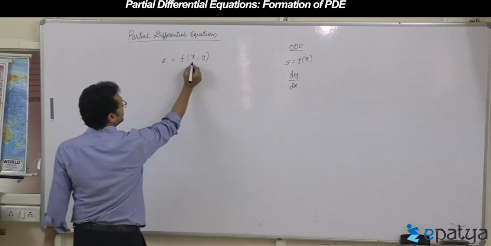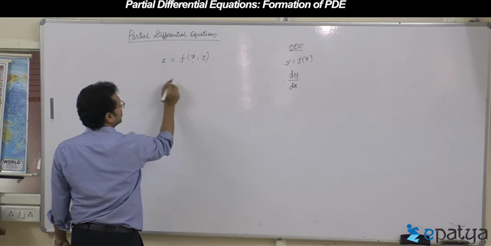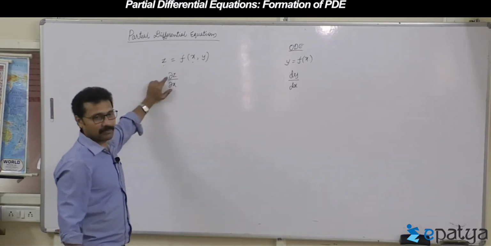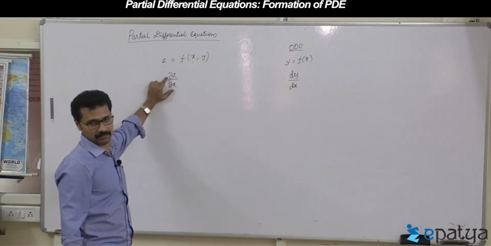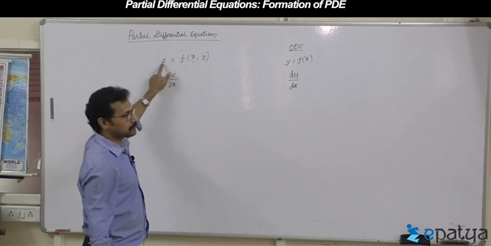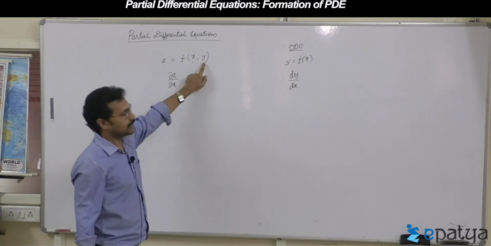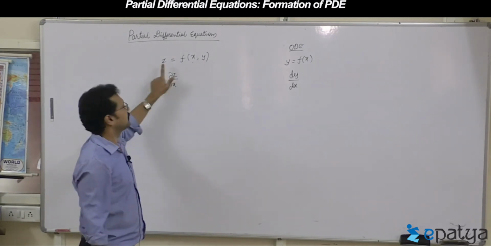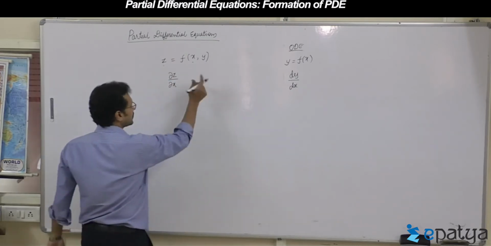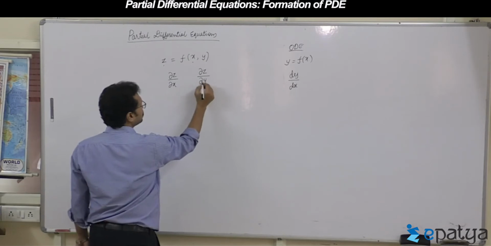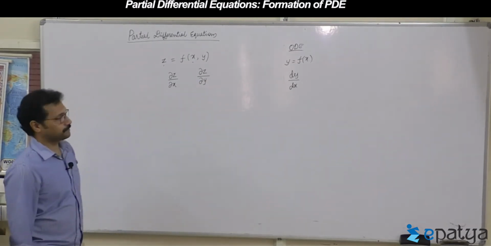Similarly, whenever x changes, z changes here, and we represent it as dou z by dou x, because I write dou whenever I have partial dependencies. So here z partially depends on x, and z also partially depends on y. Whenever y changes, z changes, and that is the change in z for a corresponding change of dou y in y.